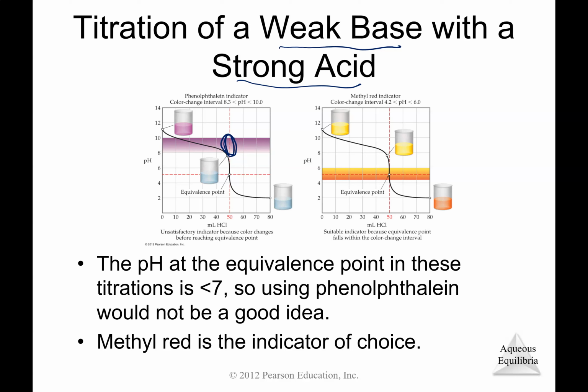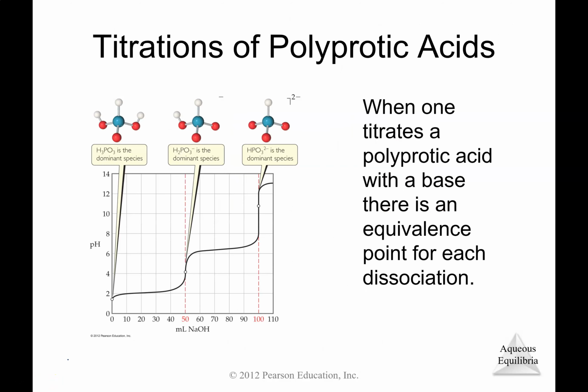So using this indicator would make no sense. We would not see a color change when we hit the equivalence point. In fact, we'd miss it completely. But if we use a different indicator, one that has a color change interval where our equivalence point lies, then we would actually see the color change. So this gives you an idea of how we choose the different indicators. I used to do a lab with this. I don't know what I'm going to do next, but we'll look at how to identify these things.